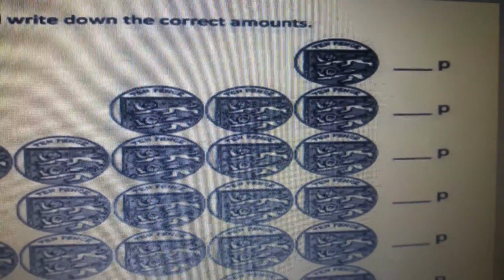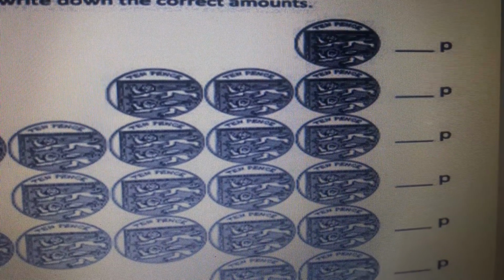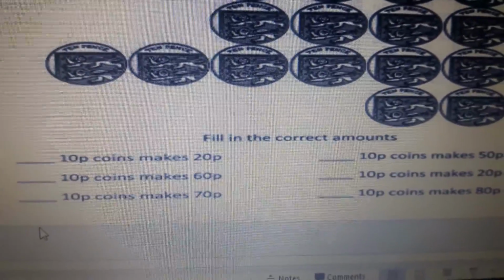So it will be 10p. The next one, we have three coins. That means it will be 10 plus 10 plus 10 equals 10 times 3 equals 30. Let's move to the next exercise.